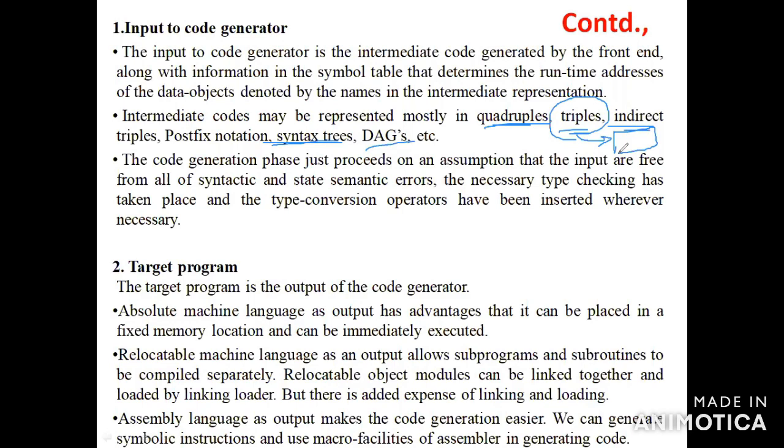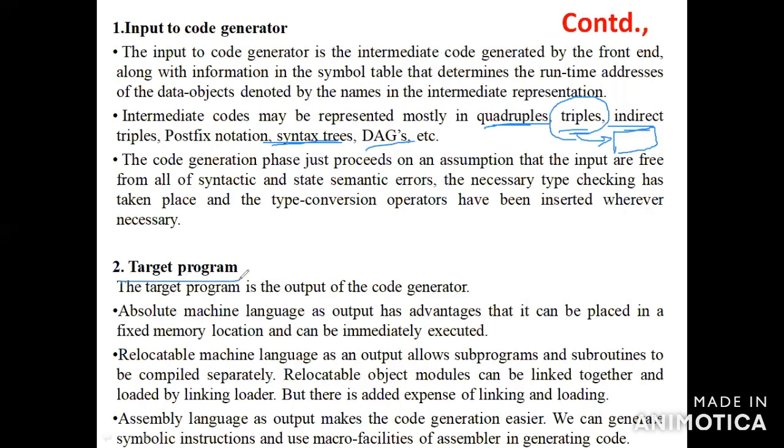in the previous class I covered what the object code form is. In object code form, we have three forms: absolute code, relocatable machine code, and assembly code. Based on these three representations, you have to write the description for target programs.